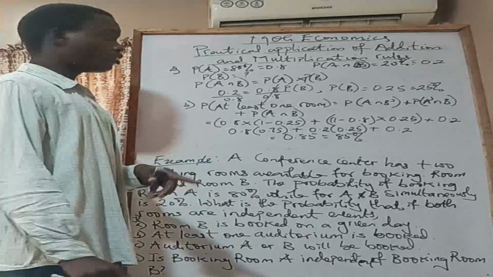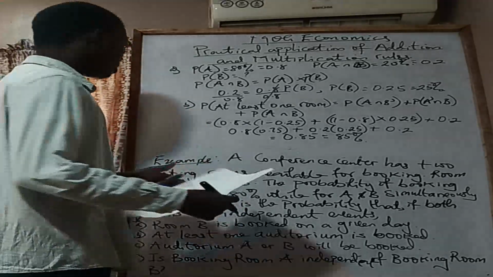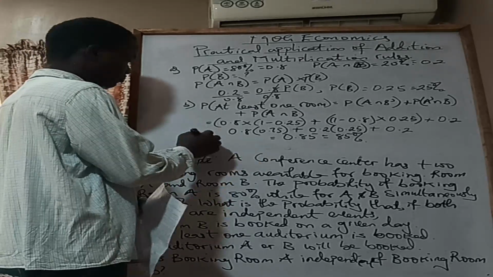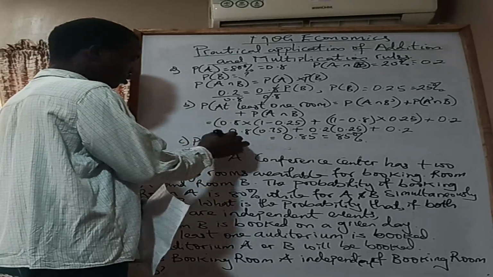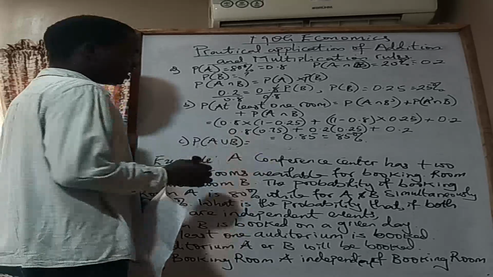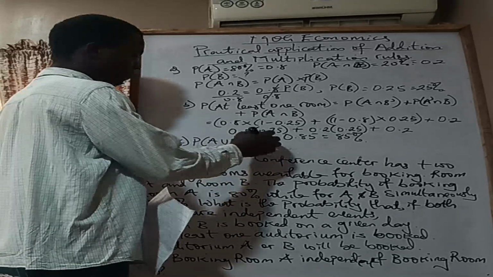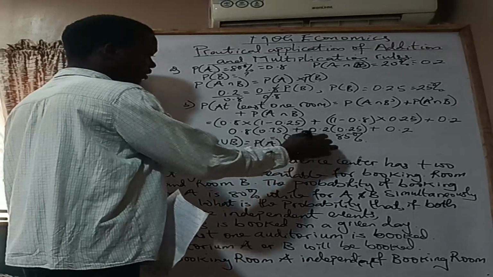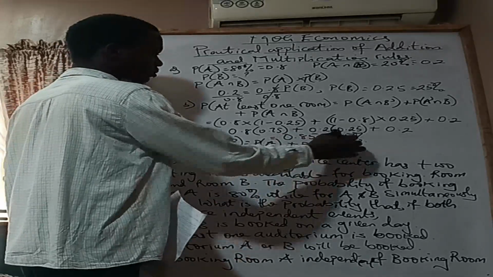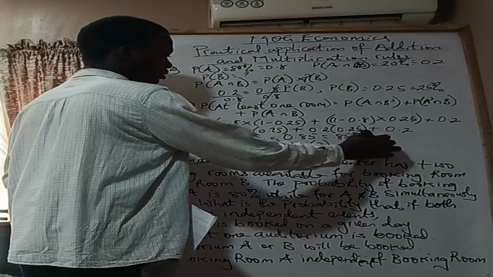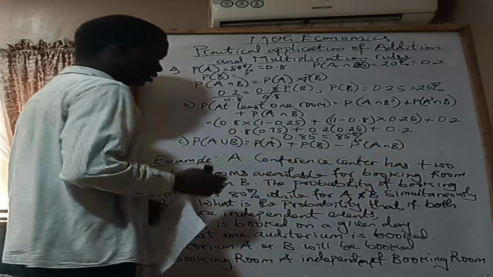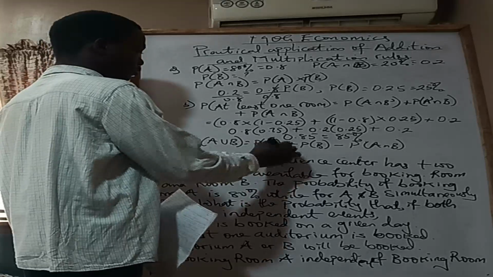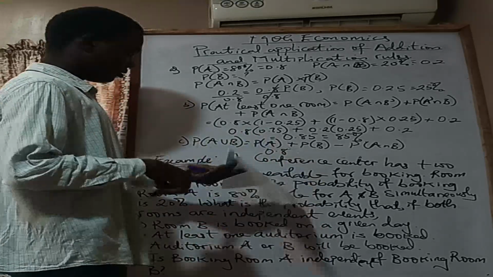So now the last, the C part, says what's the probability of booking auditorium A or B? So look at it. Probability of booking A or B, which is a union, is the probability of booking A plus probability of booking B minus probability of booking the two.